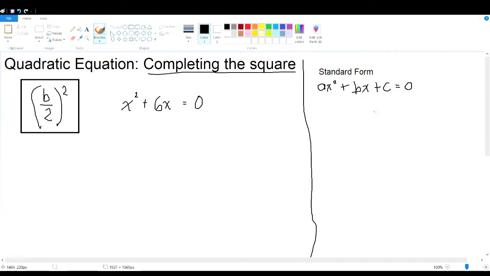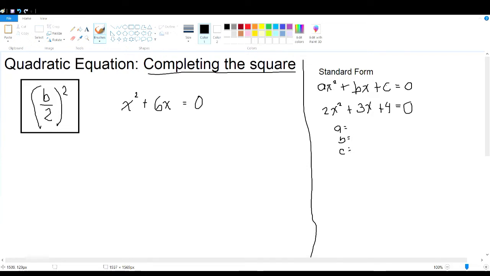So, this will be our standard form. Ngayon, if for example, a quadratic equation is 2x squared plus 3x plus 4 is equal to 0, there are 3 variables na pwede mong mahanap dito, which is letter A, letter B, and letter C.